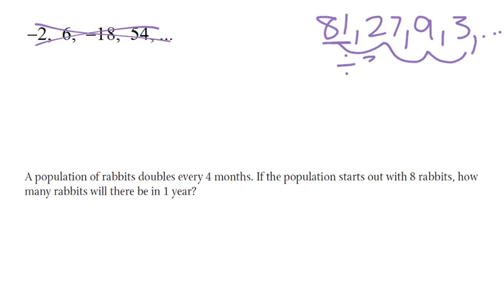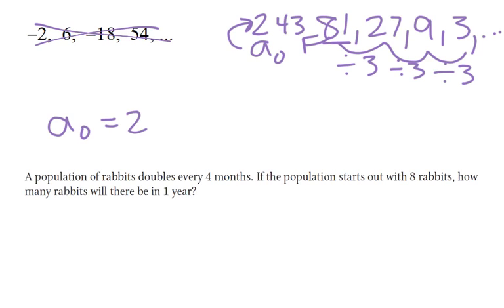In this case, I'm dividing by 3 each time. And so if I'm going backwards, I believe that's 243. So my 0 term, my a sub 0, is 243. And my constant ratio is dividing by 3.